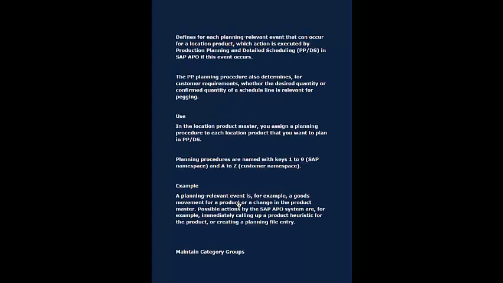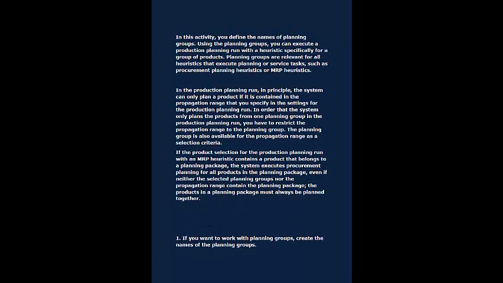So you can define the planning group to execute production planning run with heuristic, especially for a group of products. Planning groups are relevant for all heuristic that execute planning, such as procurement planning heuristic and MRP heuristic.